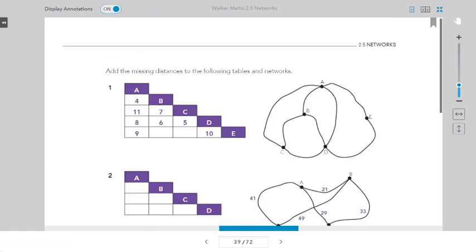So, your job today is just to read values from charts, put them on the networks in the right spot, okay? And then they have some networks where you're going to fill in the chart. That is a valuable skill as well, so make sure you can do it both ways. And then you're going to draw a few networks. This good? All right.